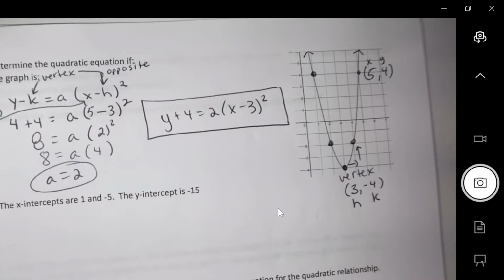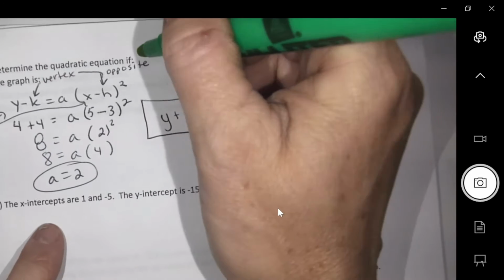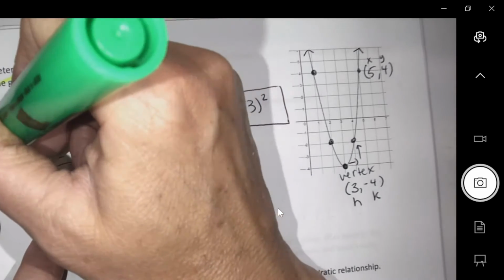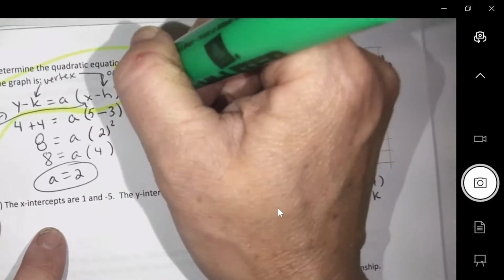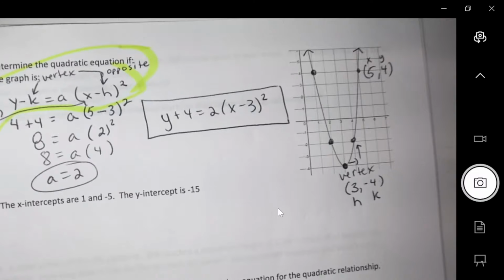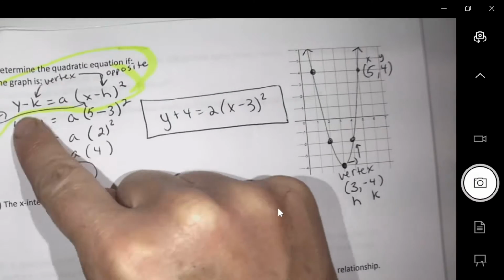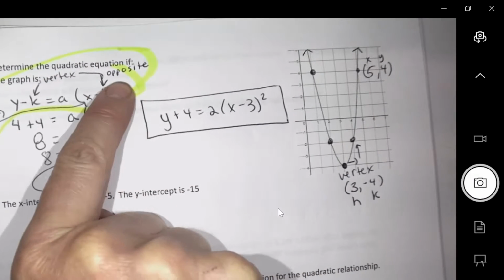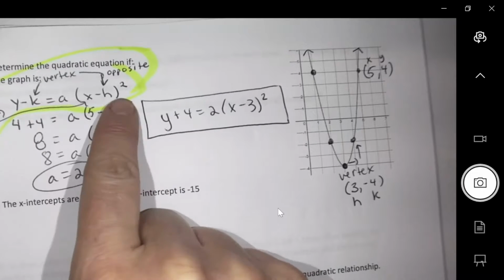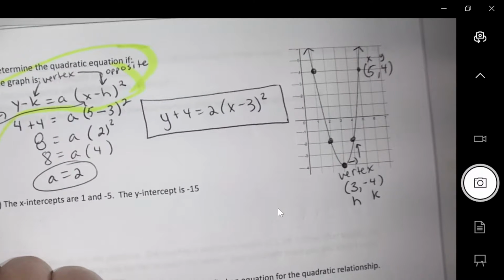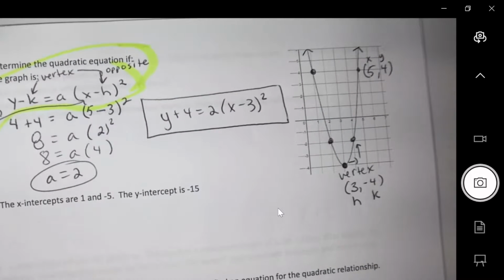Okay, I would probably write this on your cheat sheet. Something about that, and then showing me my vertex HK, opposite XY. I'm pointing to those and saying put the point into that.